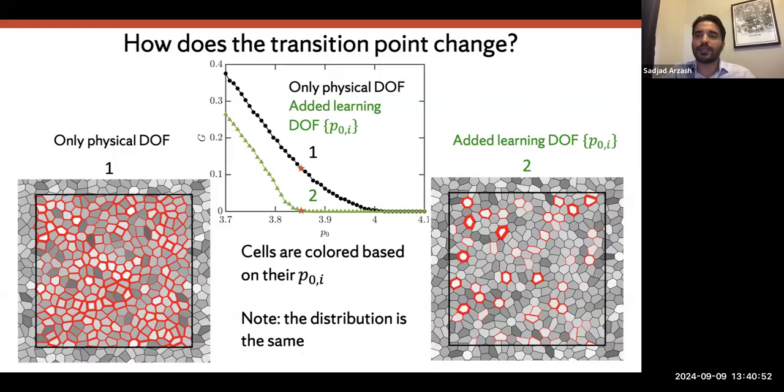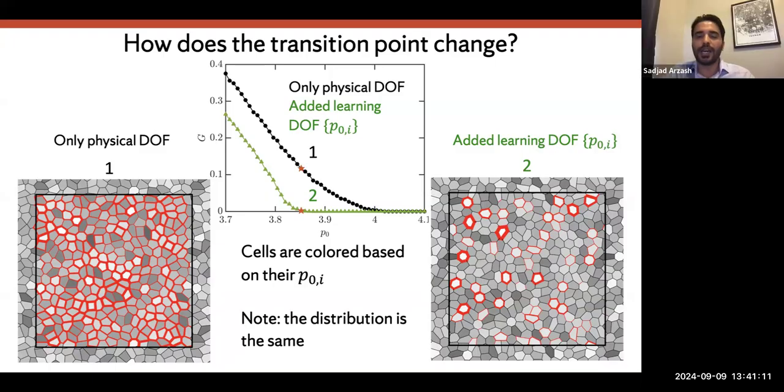Exactly. Yes, that's definitely correct. And the reason for that is because I'm constraining the distribution, right? I don't let the distribution change. But also it depends on how much fluctuation I allow, right? So that's the width of the distribution you're talking about, right?